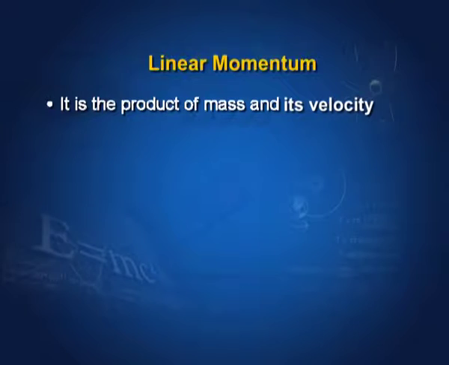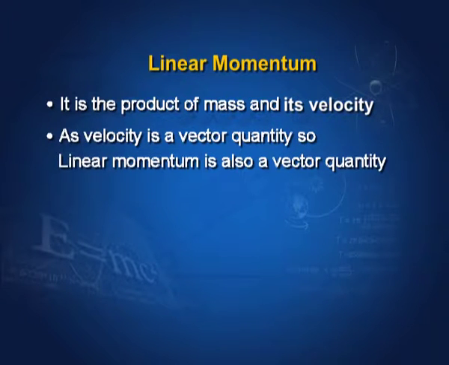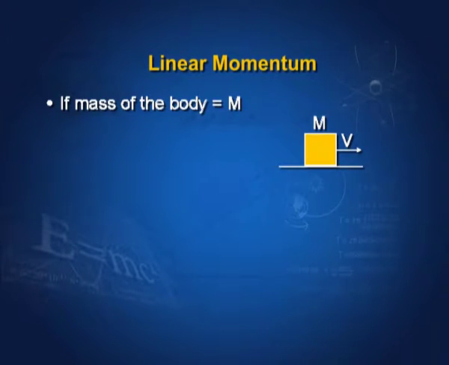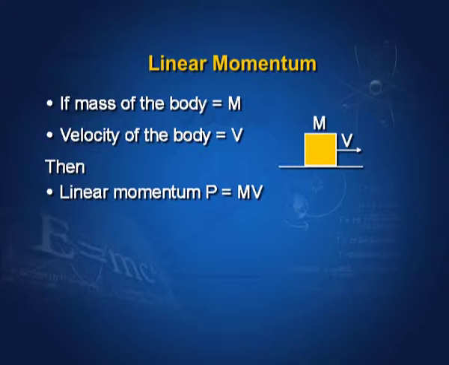Now, we will study linear momentum. It is the product of mass and velocity. Velocity is a vector quantity, so the linear momentum is also a vector quantity. If we have an object of mass m moving with velocity v, then the linear momentum is represented by the symbol p.